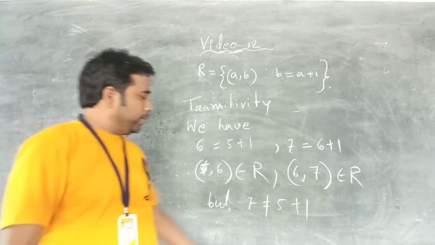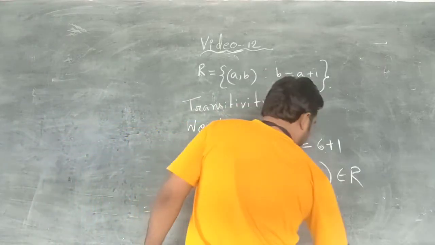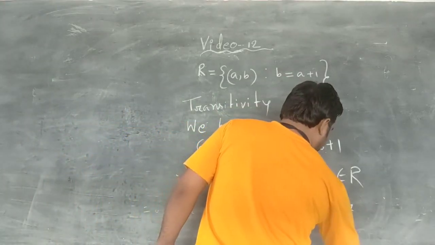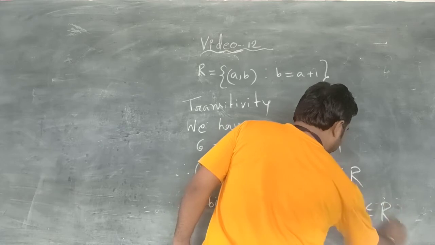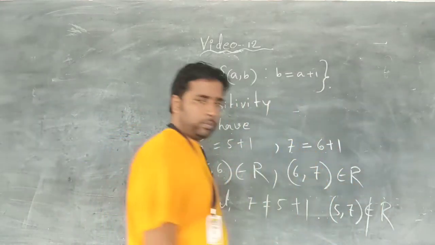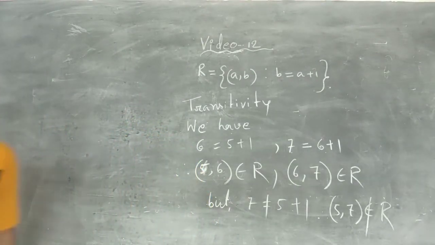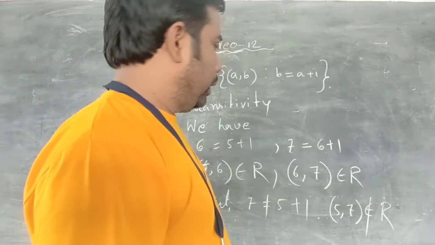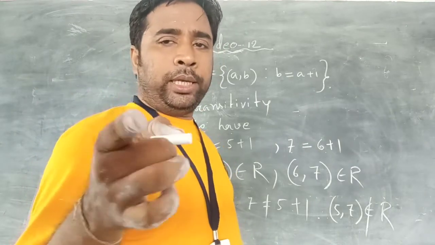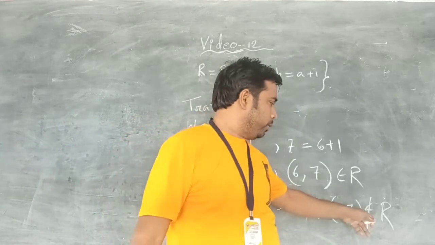So 5 comma 7 does not belong to R. That means R is not transitive.